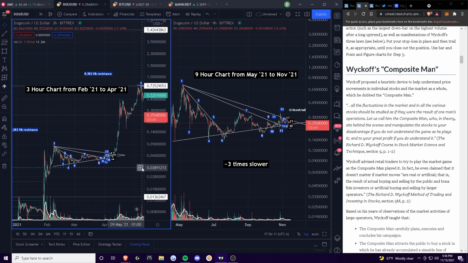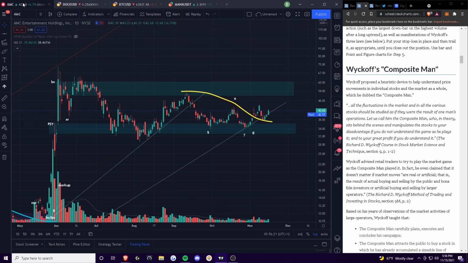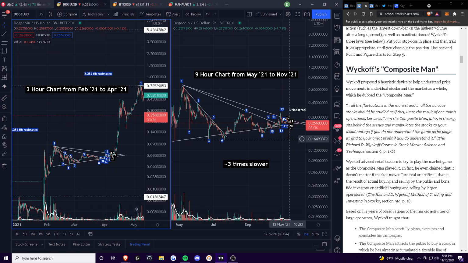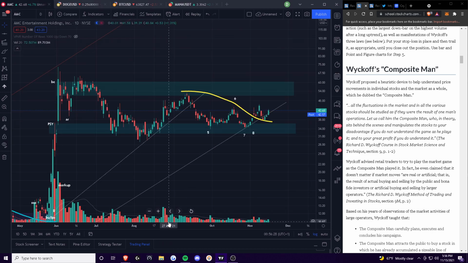And so if the cycle is repeating, right, from AMC, from all these assets, if it's repeating in the same way, then that means that Doge being very close to running would mean that AMC has to be pushed back.